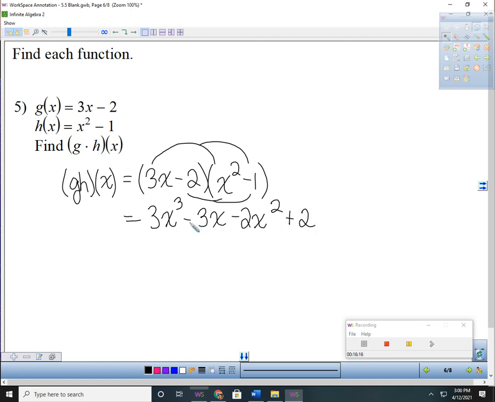I don't have any like terms here, but they're not in order, so I just need to reorder them. So the 3x to the 3rd will stay in front, but then next I should have the minus 2x squared, and then the minus 3x plus 2.